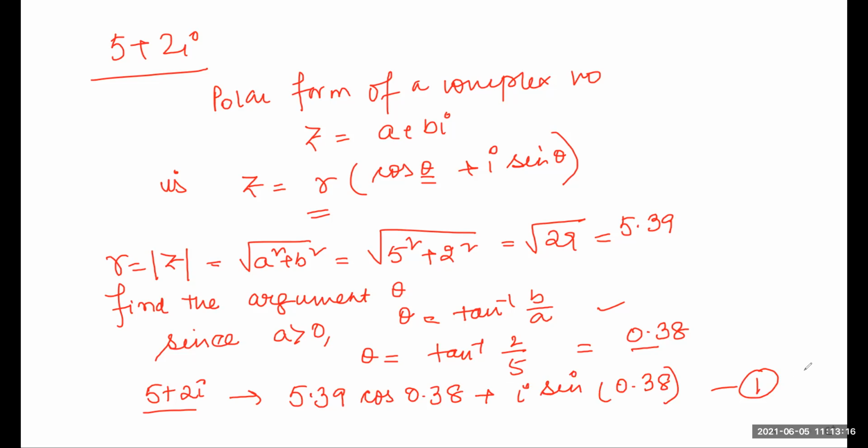Is it clear how we are writing the i form into sine and cos? You have to find out the angle, and you have to find out the value of r also. This is one form. Second, let me tell you one thing. I think it is done. I can go to the next sheet.